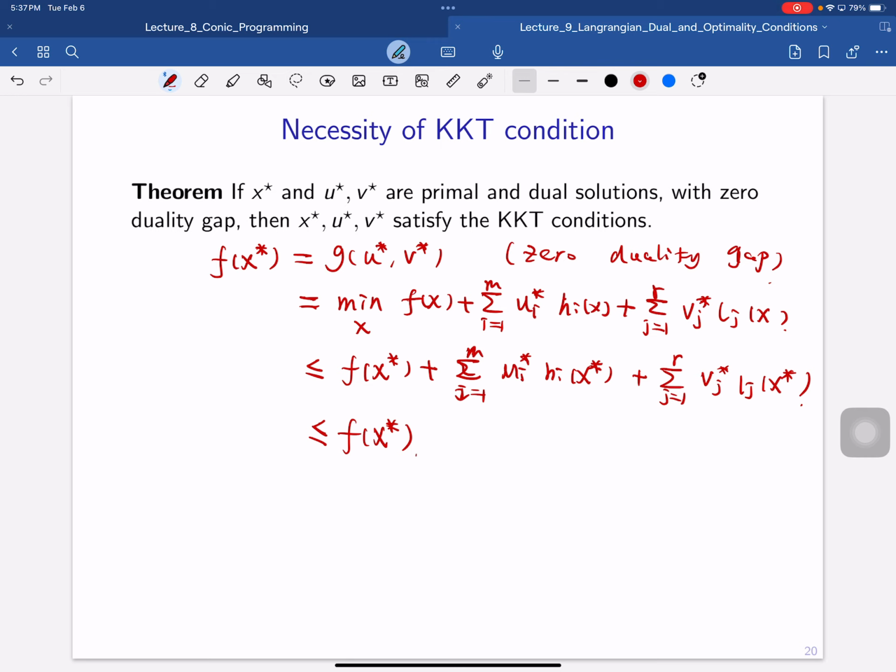Then, when x star is feasible, h_i(x star) is less than or equal to 0, the u_i are greater than or equal to 0, and l_j(x star) are equal to 0. We just treat primal and dual feasibility as given, since the claim already says x star, u star, v star are the primal and dual solutions. If they have zero duality gap, they must be primal and dual feasible, and we can treat those as given.